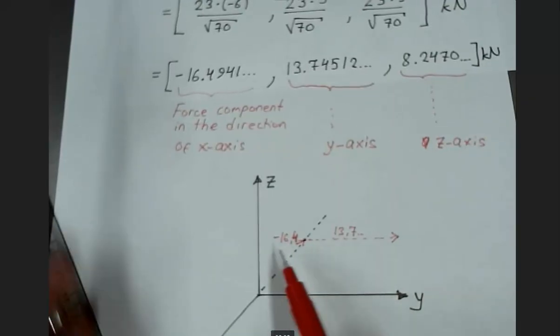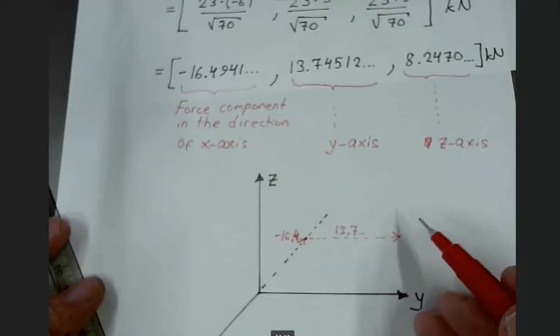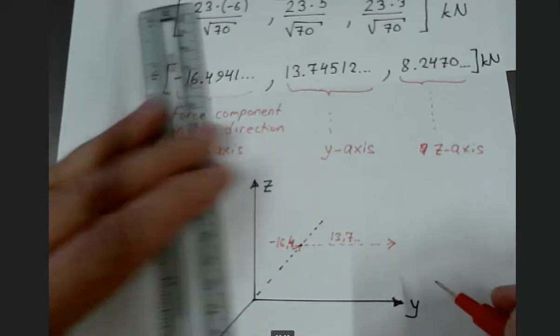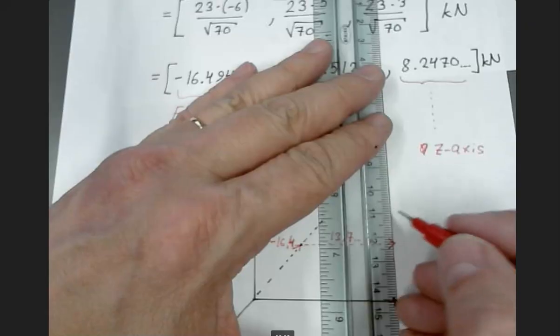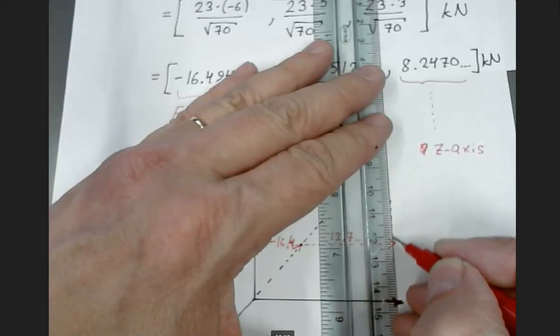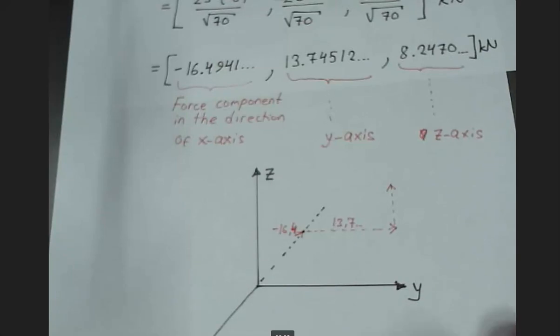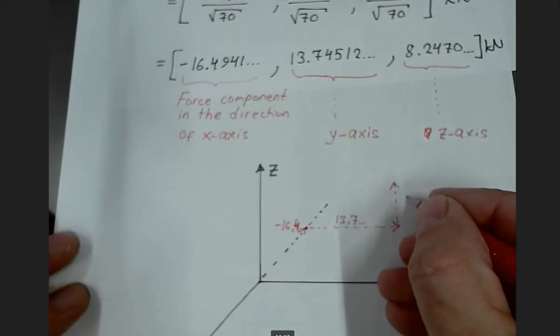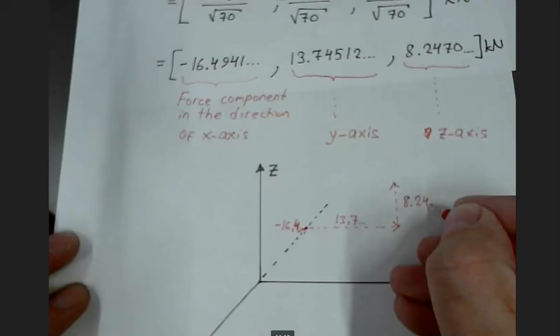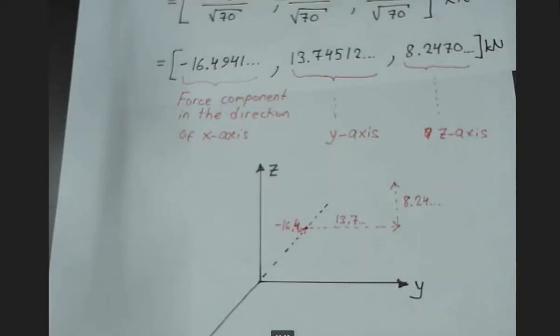So we go in the direction of the positive z-axis 8 units, and let's say it is about this length, 8.24.